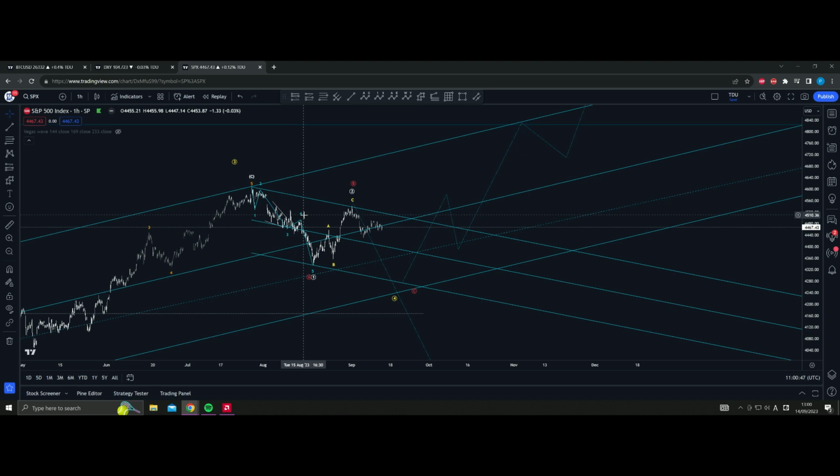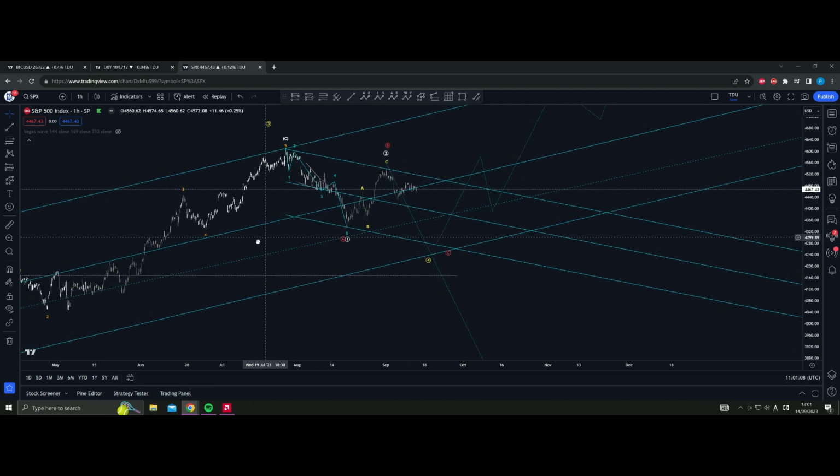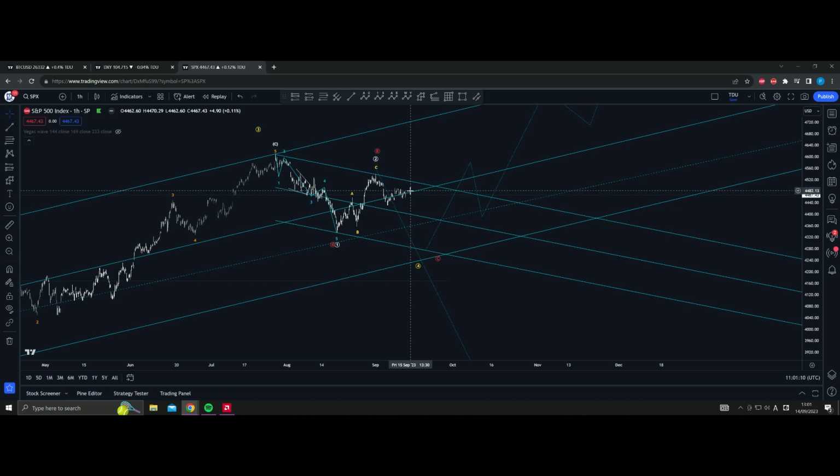I can find a count for the impulse, but I can't see it as a 3-wave move. So if we had an impulsive wave A, red count, or wave 1, and now we build ABC, and now we build on the lower time frame, we also have an impulsive structure here, and now we're struggling back into this channel, back under the median line, so slight weakness.